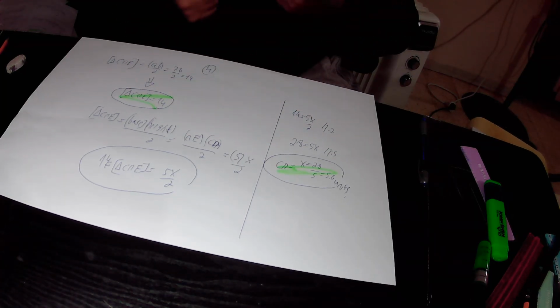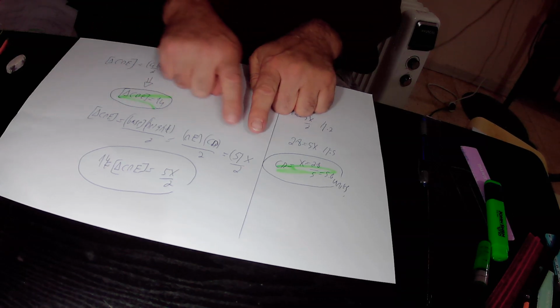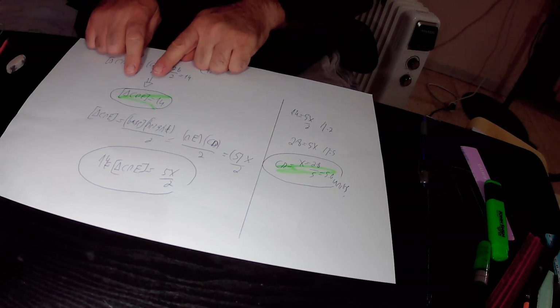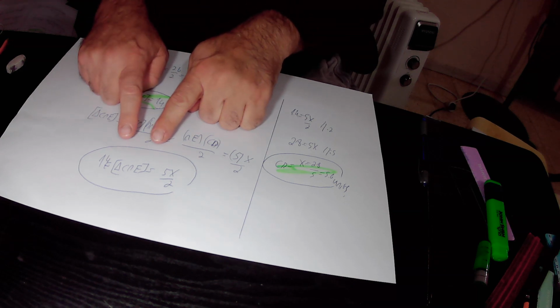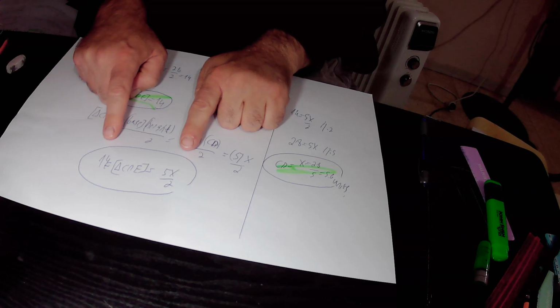So the area of the green triangle CEO equals 5X over 2. But we already found out that the area of the green triangle CO equals 14 square units in size. So from this equation, 14 equals 5X over 2.